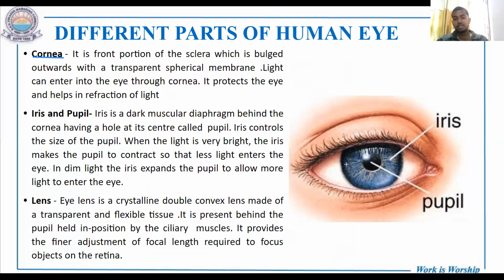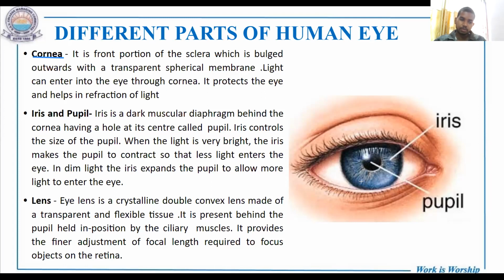You cannot observe this cornea because it is transparent. Light falling on it is carried forward into the eye lens. It is very transparent, and the pupil color is black, therefore we can observe it, and the iris has some colored pigment, therefore we can also observe it.